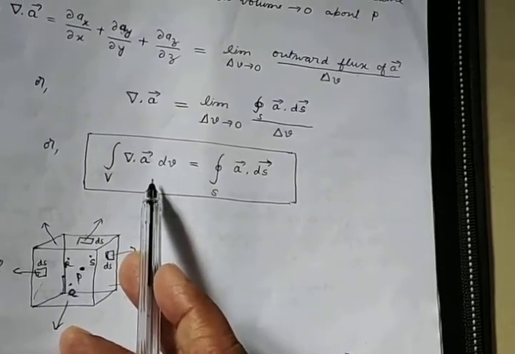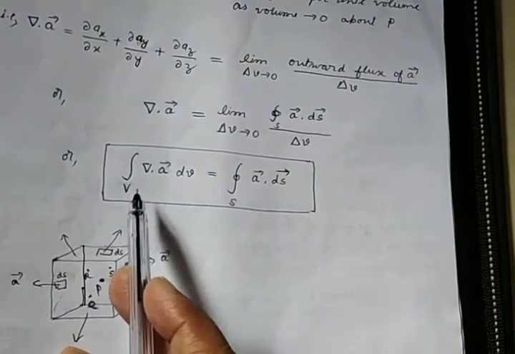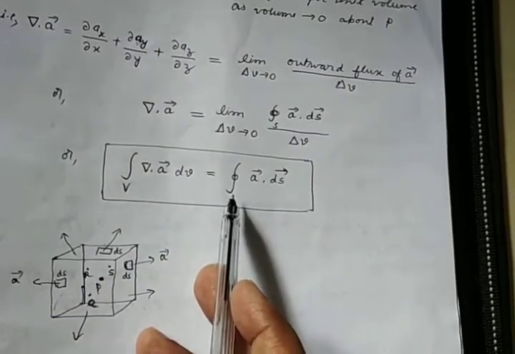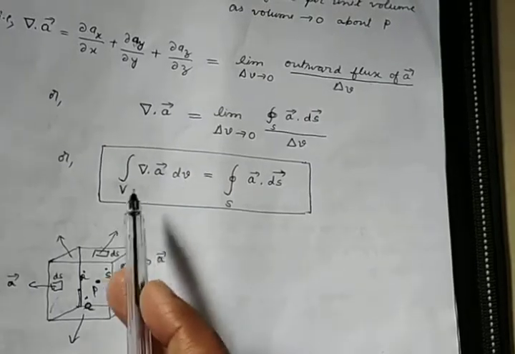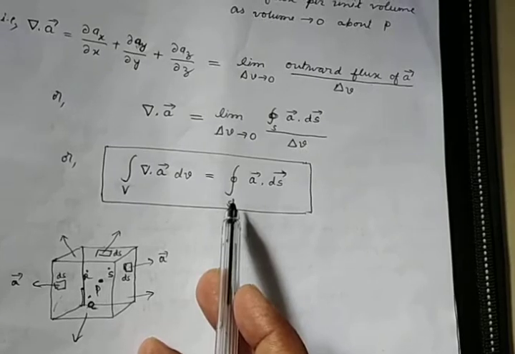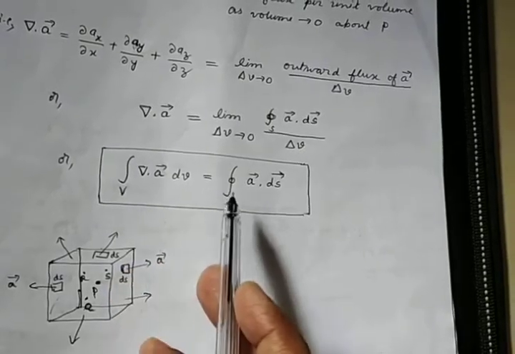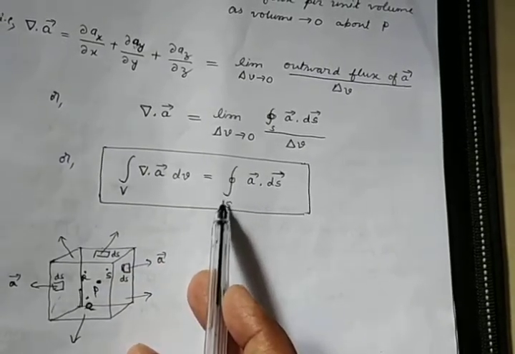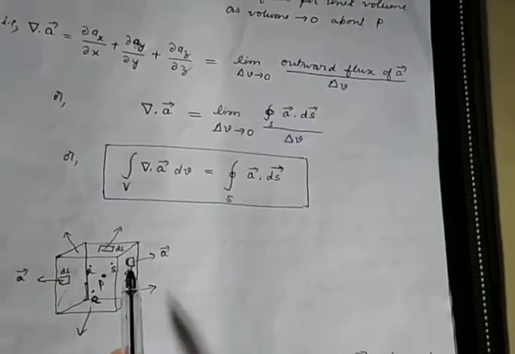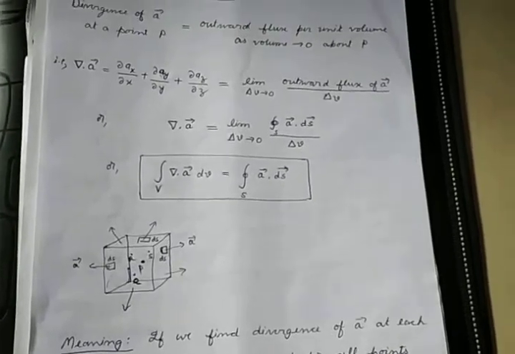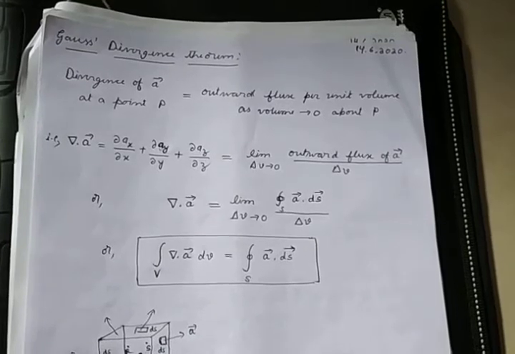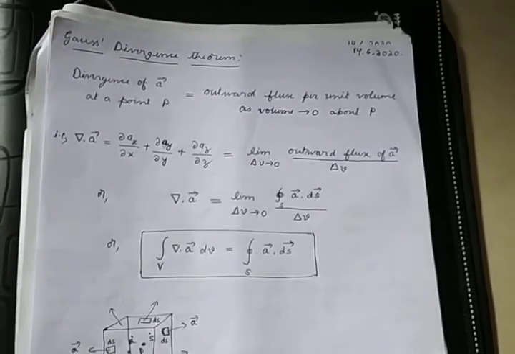So using the Gauss Divergence Theorem, we are able to equate a volume integral to a closed surface integral, or a triple integral to a double integral. Here we have to remember that the lower order integral, that is the double integral, is always a closed one. So this is the meaning of the Gauss Divergence Theorem, which is used in vector calculus and which is very helpful for us in the discussion of Maxwell's equations.